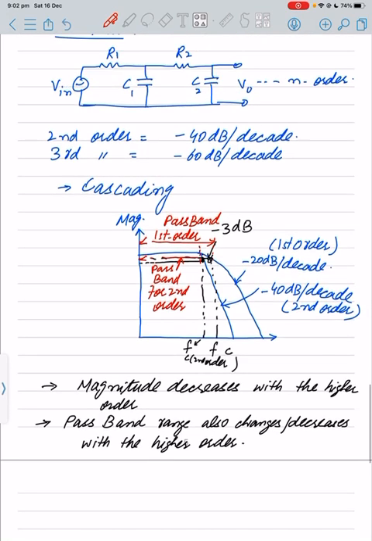Okay, so there is actually a kind of trade-off while designing these filters that we have to take care about their pass band as well as their stop band and the magnitude of our output signal or the gain of our output signal while we are moving towards the higher order.